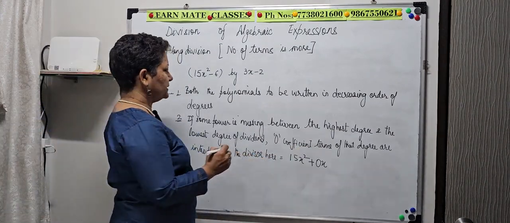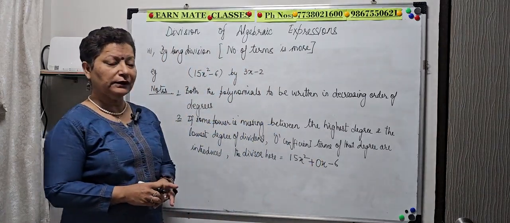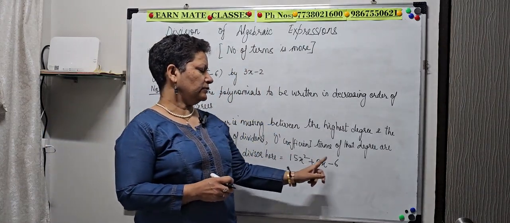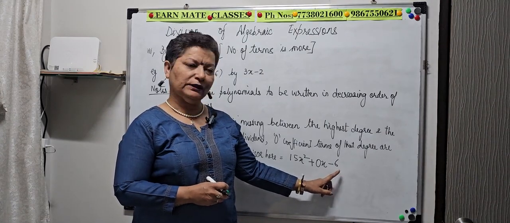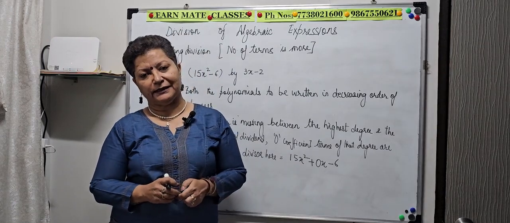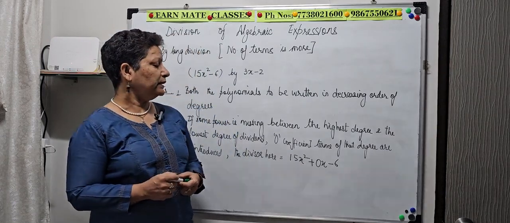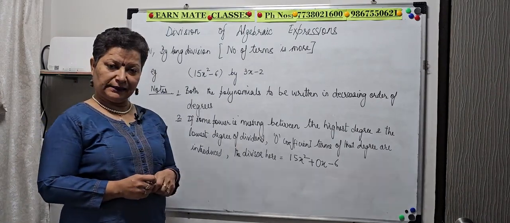So, 0x minus 6. Is that okay? Now, do I have all the terms from the highest to the lowest? This is a 0 degree term. X raised to power 0 is 1. X raised to power 1. X raised to power 2. So, my dividend here becomes 15x square plus 0x minus 6, right?